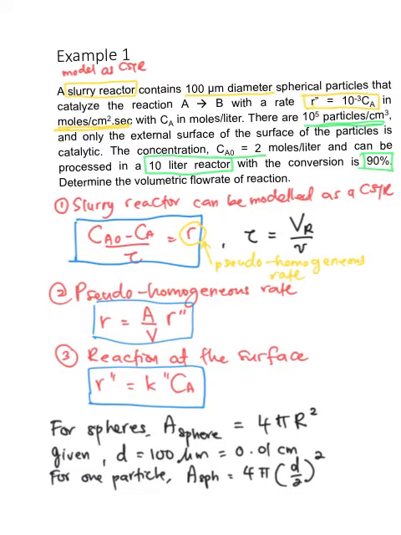Okay, so continue in the next page. So the area of one sphere equals pi d square, which is equal to pi times 0.01 power of 2.